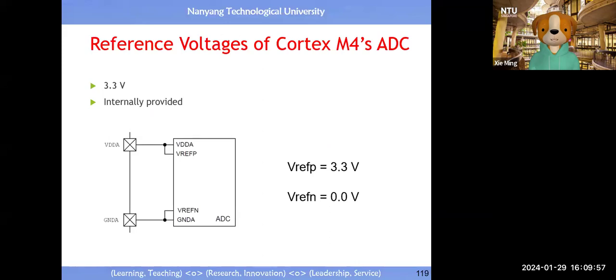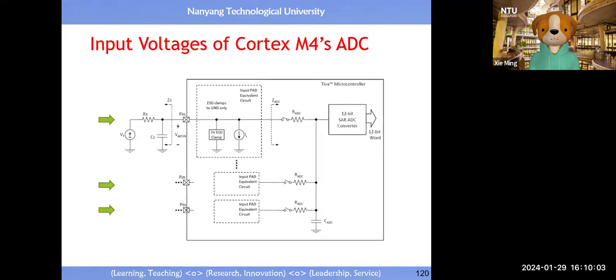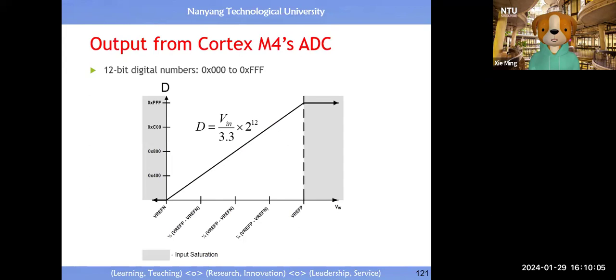And just like I mentioned, for this one the input standard range is always fixed, 0 to 3.3. Then you need to scale up or scale down. And the output is a 12-bit number, so you have this relationship. You have an input voltage running from 0 to 3.3.